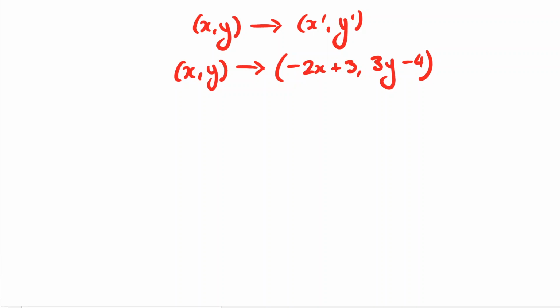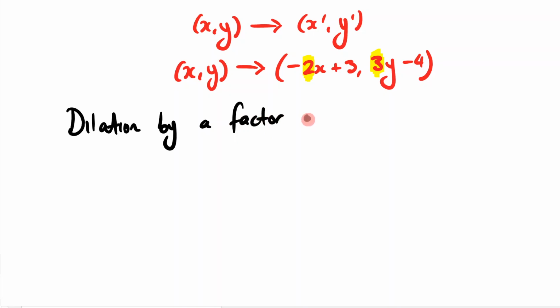So we begin with our dilations. So we've got a 2 here. Actually, before I start with the 2, let's start with the 3. So what is that 3 telling me? The 3 is telling me that I have a dilation by a factor of 3 from the x-axis.